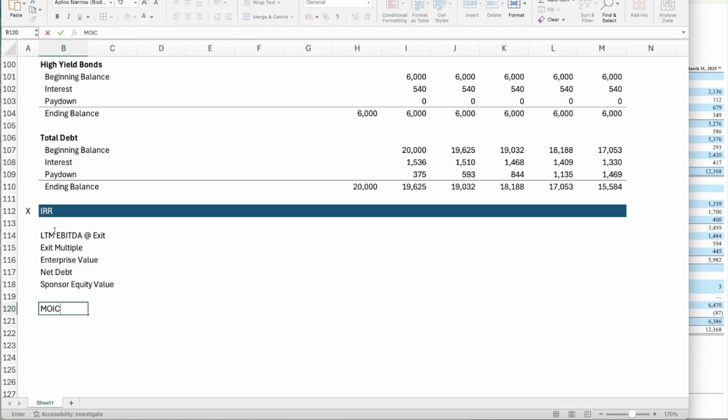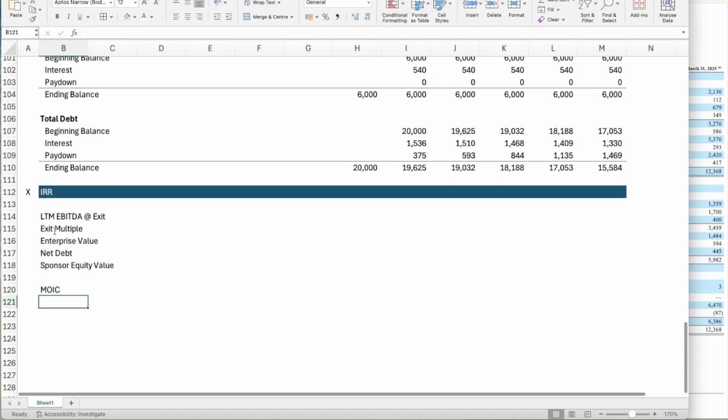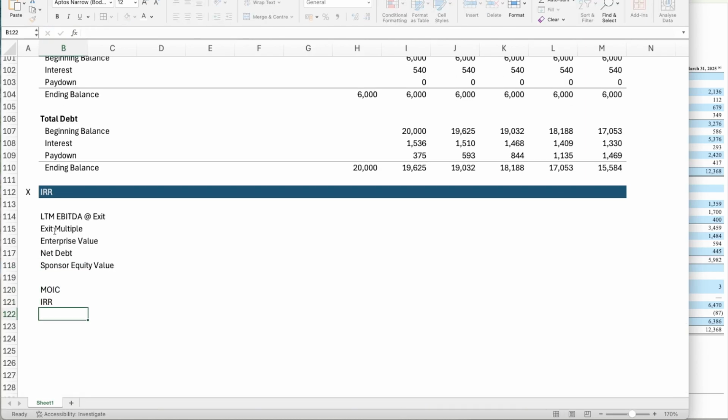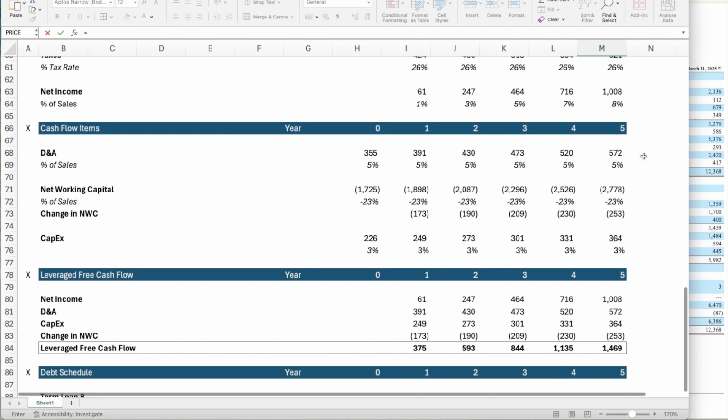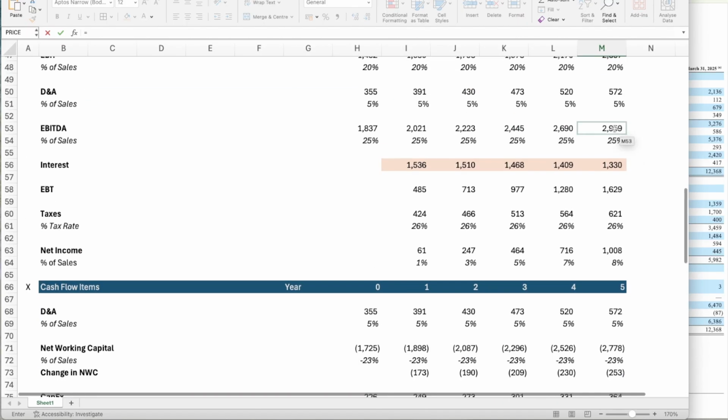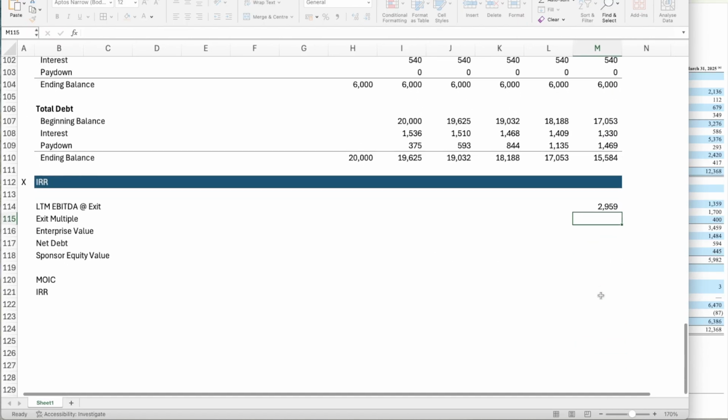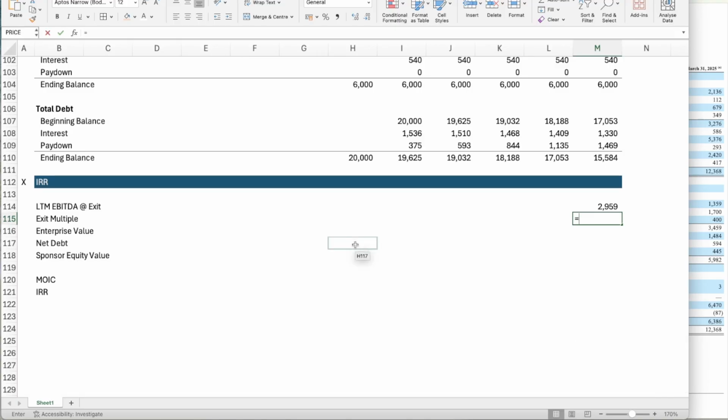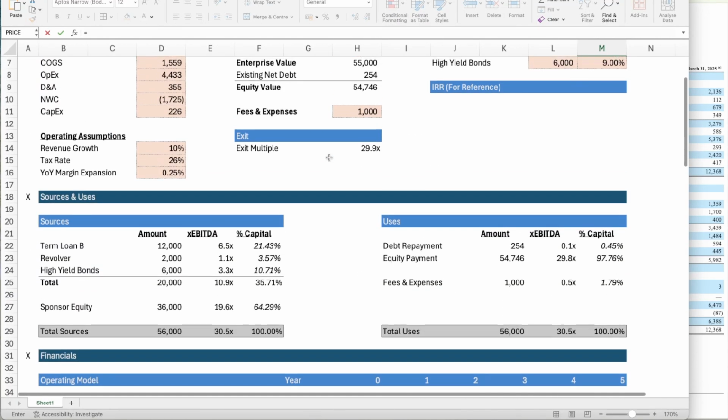And we're going to work out the multiple on invested capital and the IRR. So we know the last 12 months EBITDA at exit is going to be up here, this figure. The exit multiple is going to be what the entry multiple was.